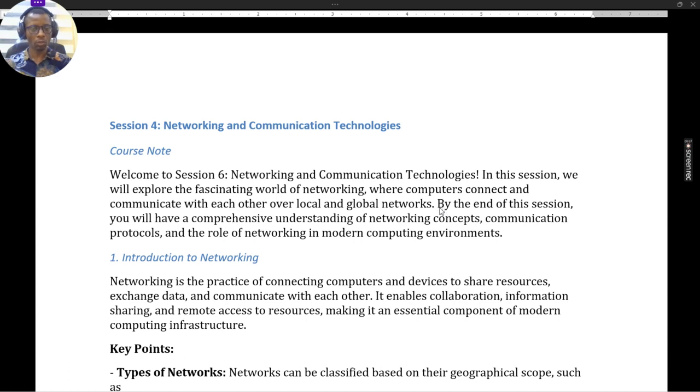So today we are going to be talking about networking and communication technologies. Last week we talked about computer devices, input devices, output devices, and peripherals, and we explored the different types we have and how we can classify any device we find into these various categories.